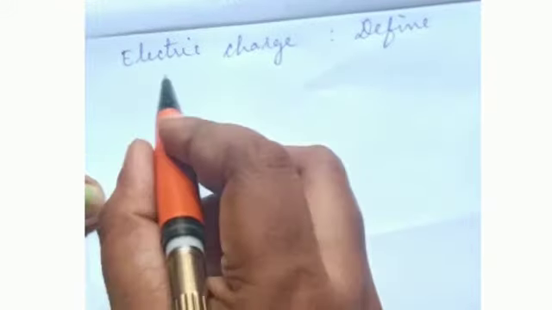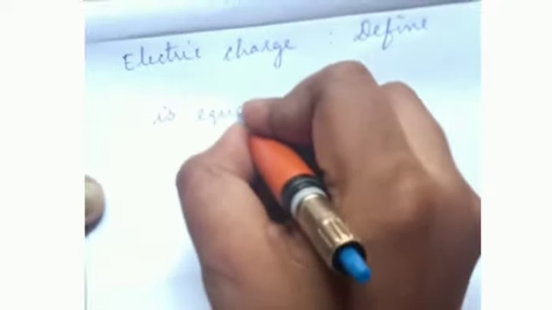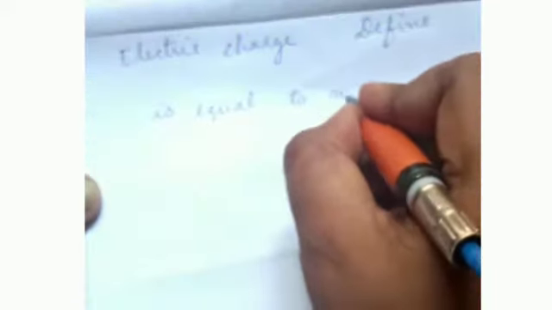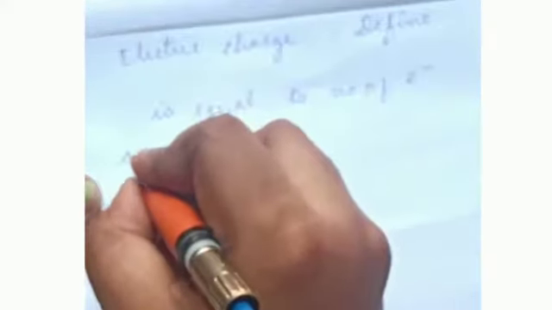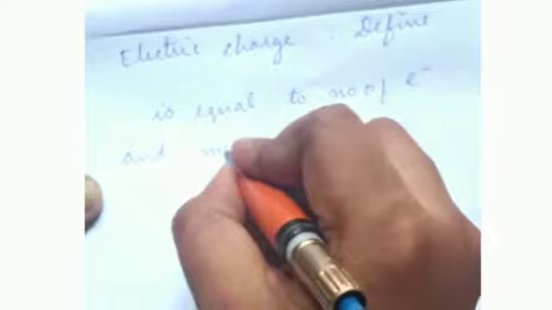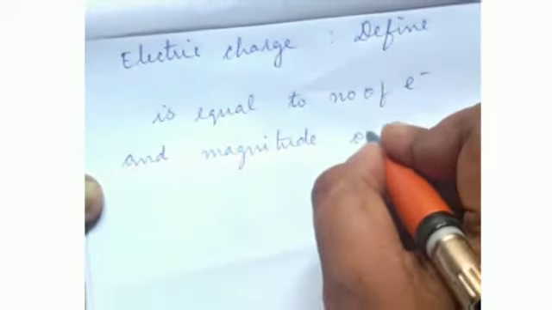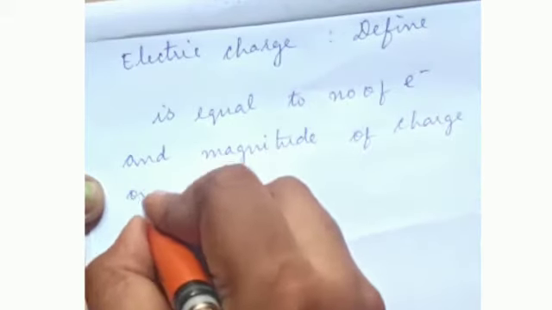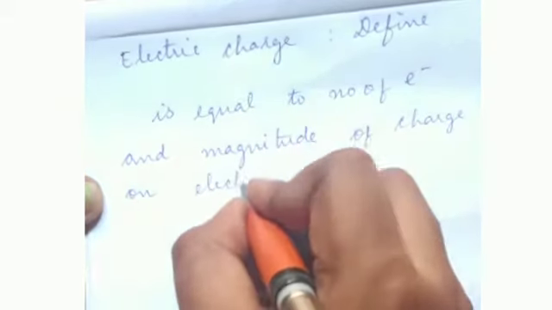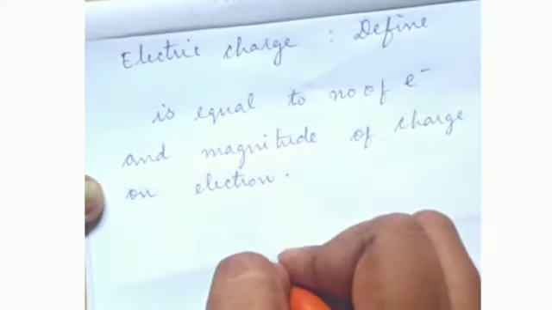First, the definition of electric charge: electric charge is equal to the number of electrons and the magnitude of charge on an electron.